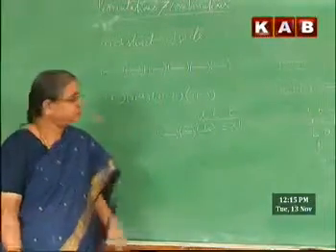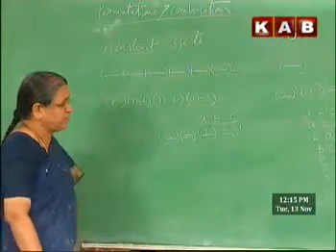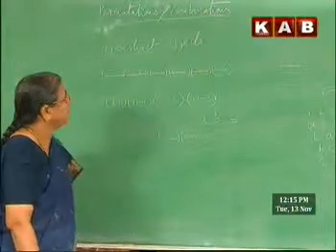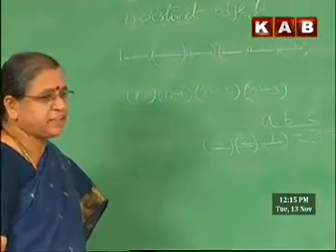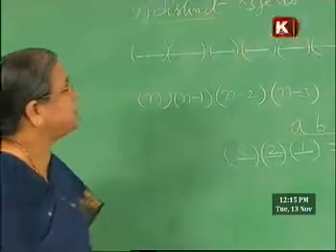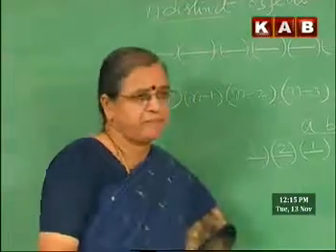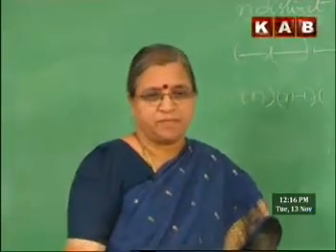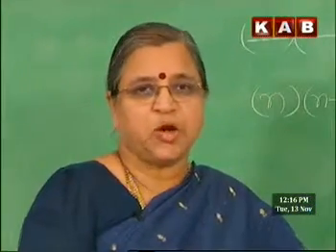Let us write. N distinct objects can be arranged in a row in n into n minus 1 into n minus 2 into and so on till 2 into 1.